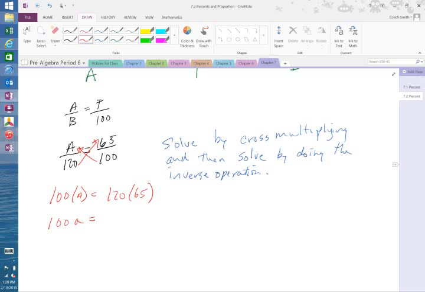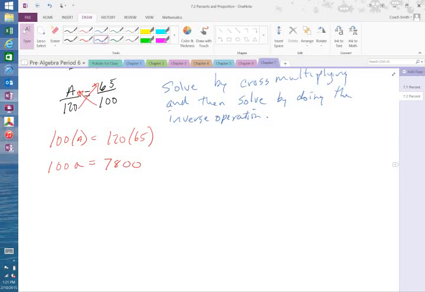So there's no way that it's that, because I'm multiplying by 120. Yes, 7,800. Lainey gets the prize today.